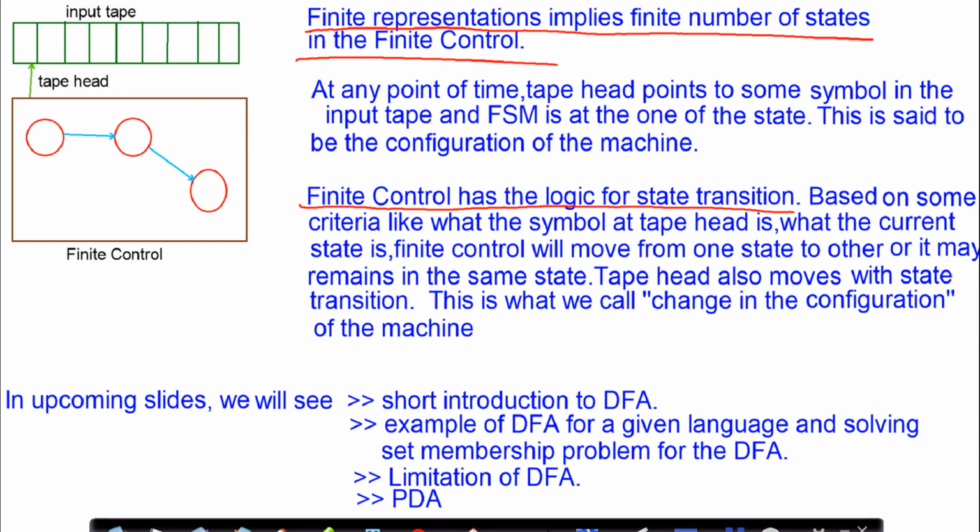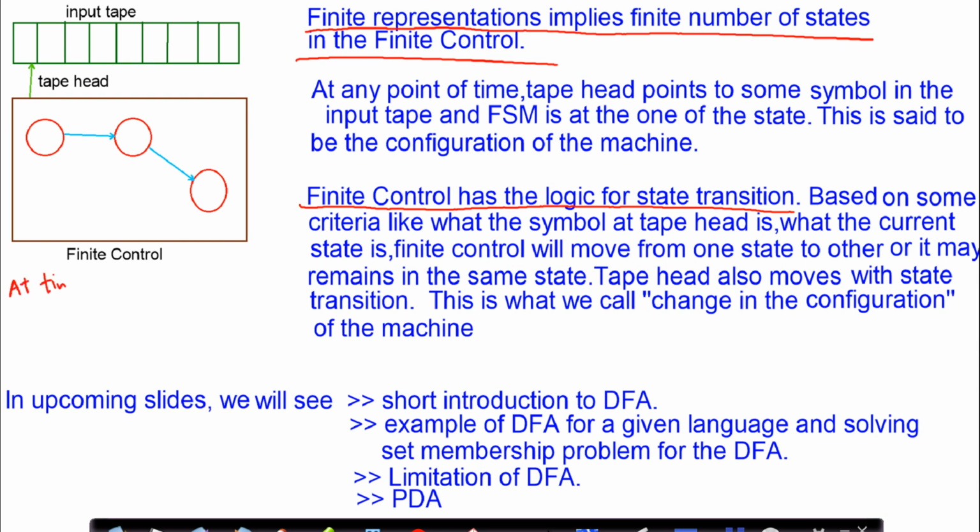Look at what the configuration of the machine is. At any point of time, the machine is said to have some configuration, which is what? Your tape head would be pointing at some symbol, and your machine would be at one of the states. This constitutes what we call the configuration of the machine. So let me take this example.